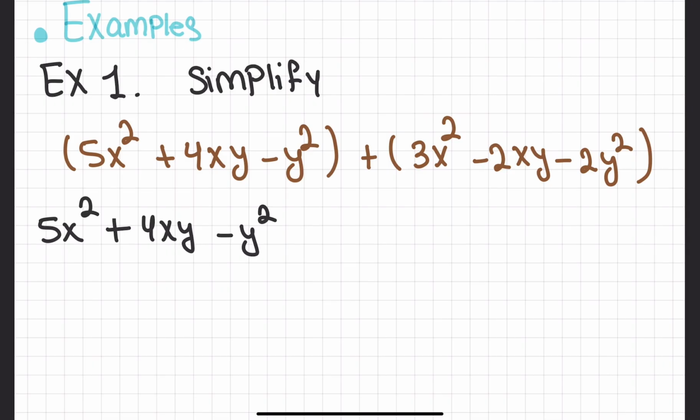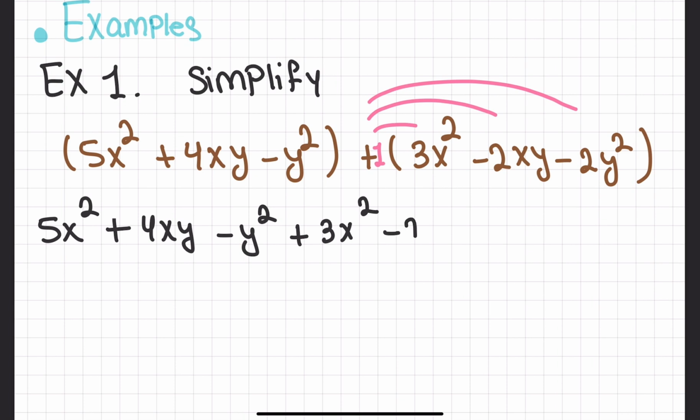And I'm going to multiply positive 1 by the whole bracket. So positive 1 times 3x squared is plus 3x squared. Positive 1 times minus 2xy is minus 2xy. And positive 1 times negative 2y squared is negative 2y squared.